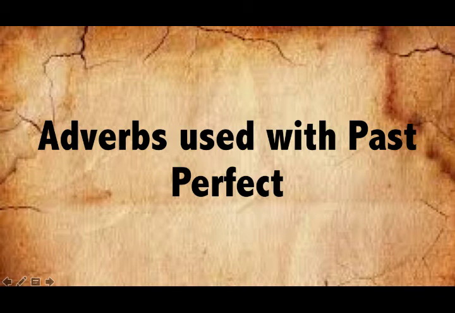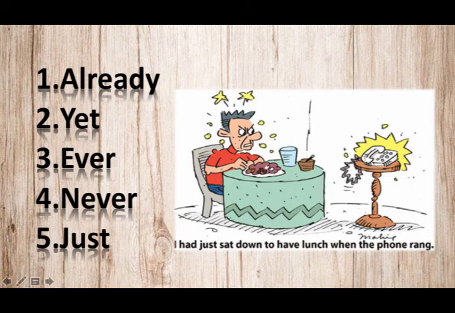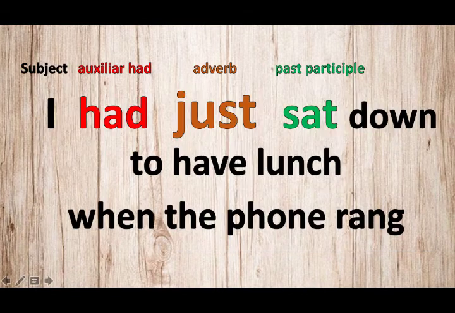There are some adverbs used with the past perfect. These adverbs are often used with the past perfect tense to emphasize the event which occurred first. They are already, yet, ever, never, and just.